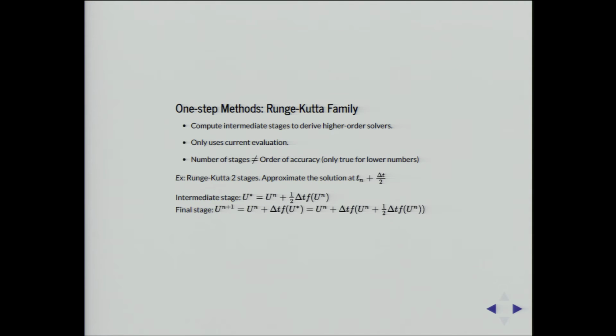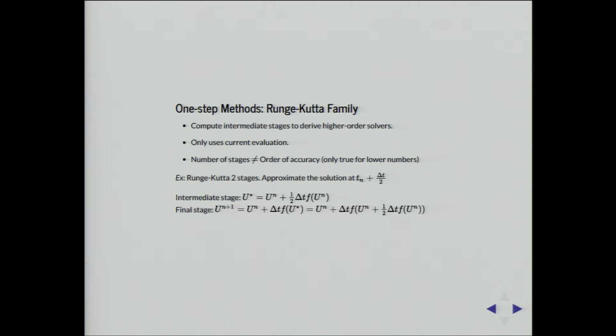We're going to go over the Runge-Kutta family, which are one-step, multi-stage methods. It's not multi-step, because I am using only the current evaluation of my state vector. What we do is compute intermediate stages at different times, and then we do a linear combination of these results.